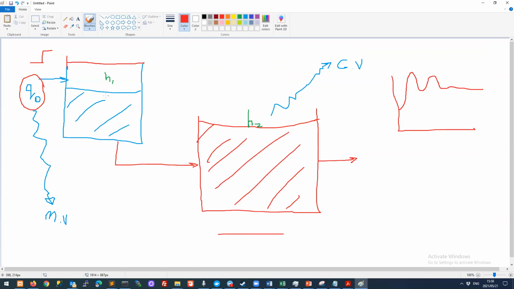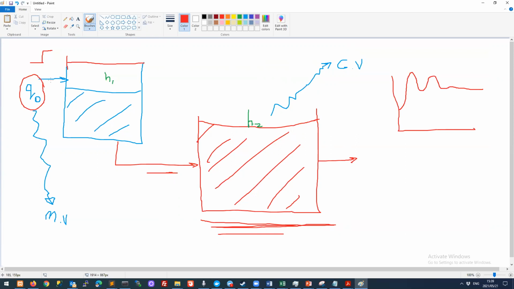Normally in the first order case, when the height goes up, then the flow rate responds to that, right? Immediately the flow rate increases. But when this happens here, when the height goes up, because you've got a kind of resistance here, this flow rate can't immediately go up so high because back here it's a kind of backlog. So it takes a while for us to get a response from the second tank.